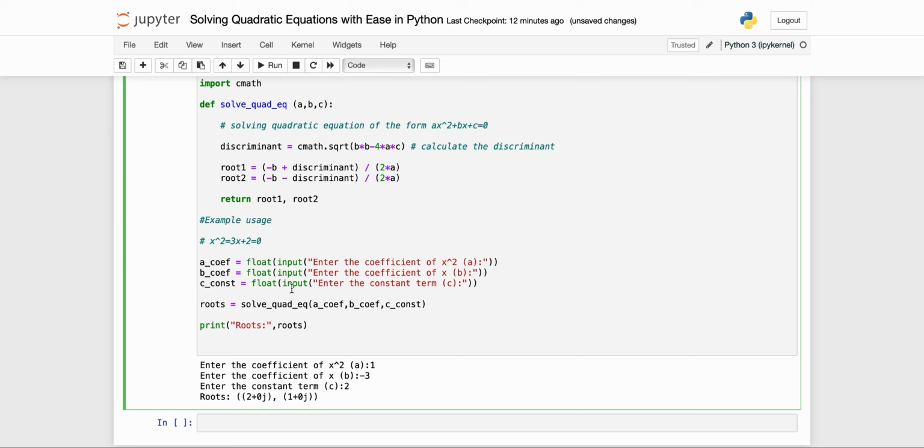Whenever you see 0j, that means we don't have a complex term here; we don't have anything with a complex solution. If you see something other than 0, you need to consider that you might have a complex solution.